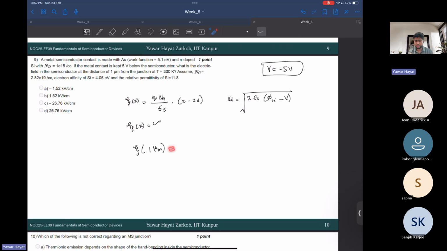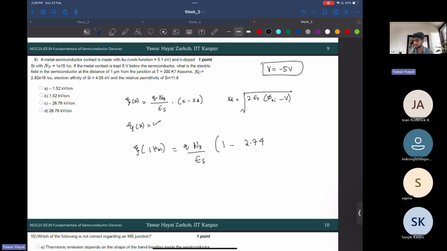So you will solve this from here onwards and see if you obtain this. Your E of 1 micrometer would be equal to q Nd by epsilon s times 1 minus xd, which comes about as 2.74 micrometers.